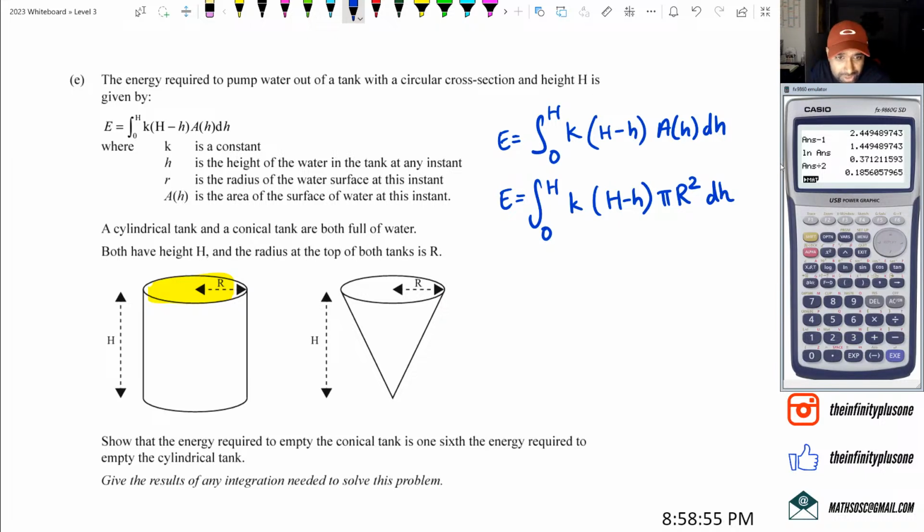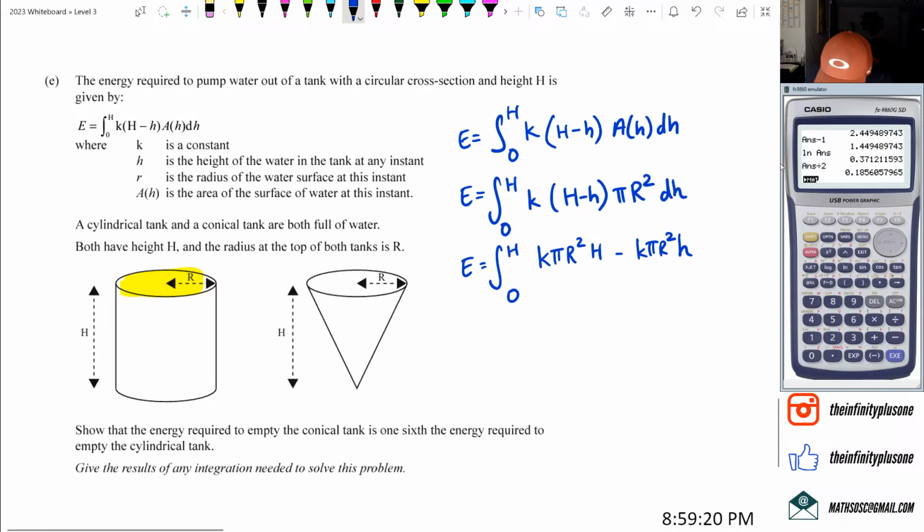Now the R is also a constant because it's not really changing. So if I was to expand this, I am going to get K pi R squared H minus K pi R squared h, like this. Remember that capital H is actually a constant, but the little h is the one that's actually changing.